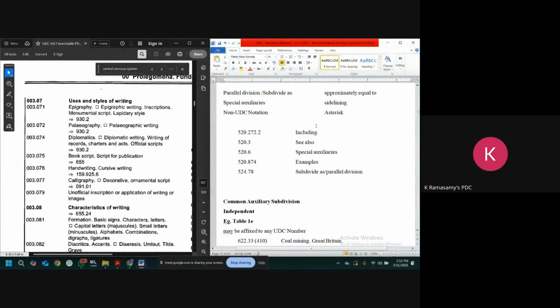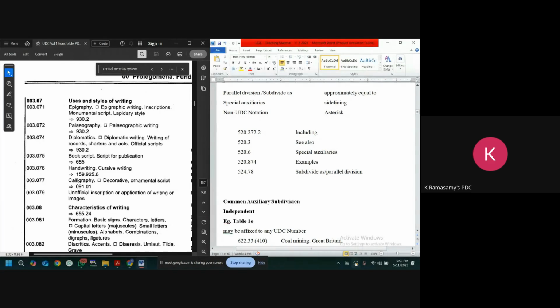Then comes non-UDC notation. For example, sir, I have found the number of a particular subject, but I wanted to be more specific. I know what the number for mango is, but how can I give a number for Alfonso mango? How can I give a number for different breeds of mango? I know the number for rice, but how can I give numbers for different brands and breeds of rice? There is no other way.